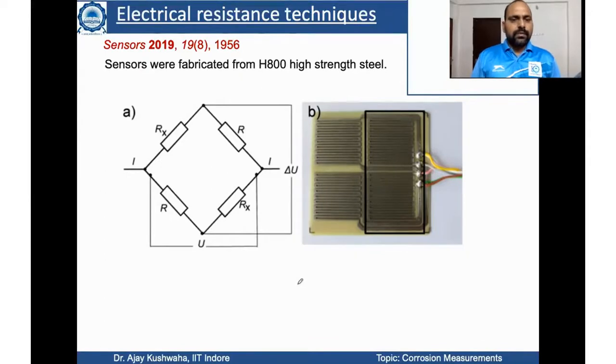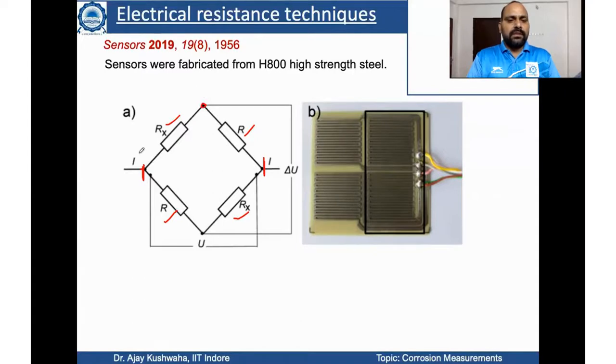The sensing probes were fabricated from H800 high strength steel, and the structure has four different compartments of resistance measurement. You can see the Rx, then the reverse Rx opposite to this, then R opposite to this another R. They apply the current at one terminal pair and measure the voltage difference at the other terminals.